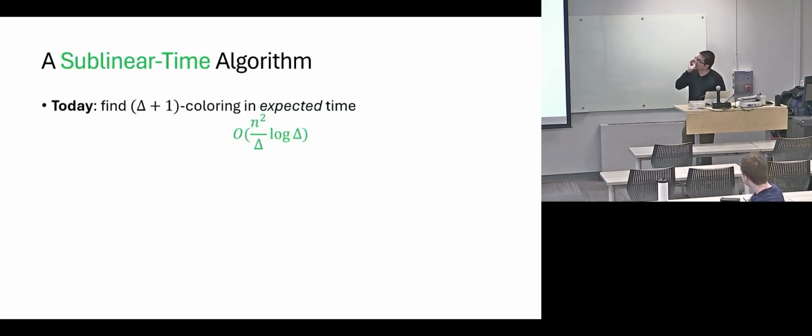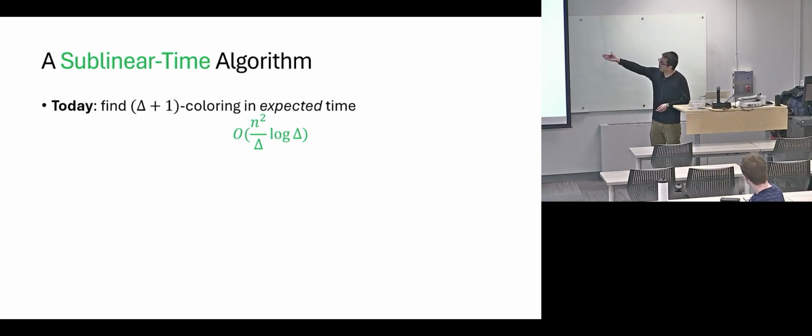So what we'll see is that you're gonna find a delta plus 1 coloring in expected time. It's a randomized algorithm, so you have expected time of n squared over delta with some log. It means that if you have a really dense graph with delta like n, in a dense graph you can have n squared edges, right?